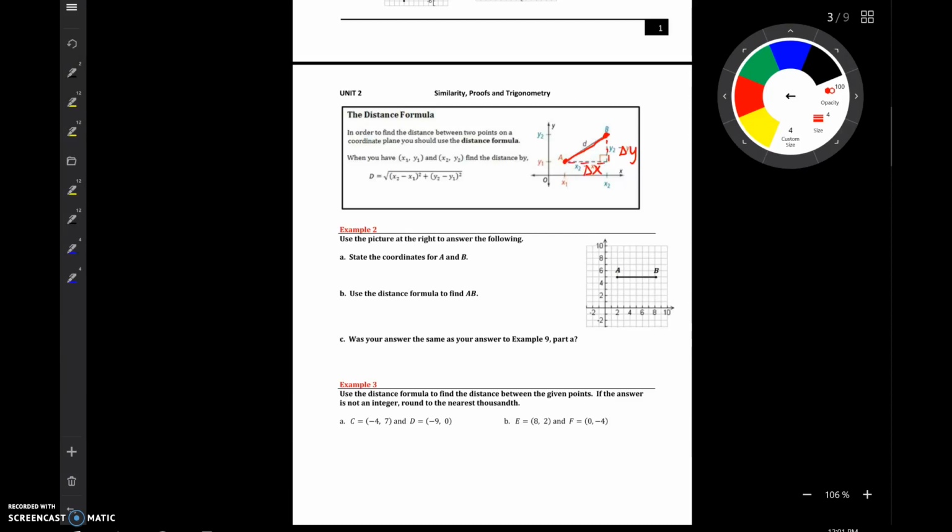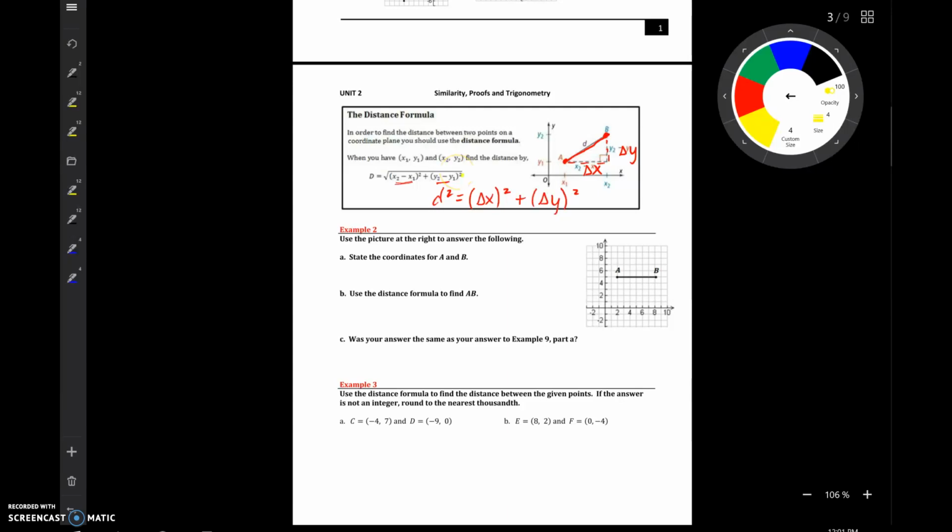Okay, so what does delta mean? Delta means change. So look at the distance formula. To find delta x, I just have to subtract the x coordinates of my point. Then delta y, how do I get the change in y? I subtract my y coordinates of the points. Now if we think about the Pythagorean theorem, the back work here would be hypotenuse squared is delta x quantity squared plus delta y quantity squared.